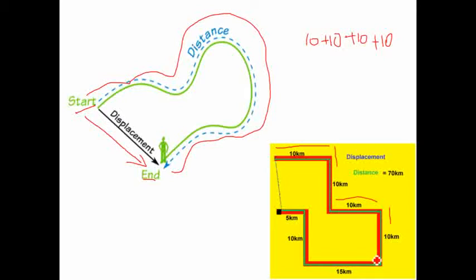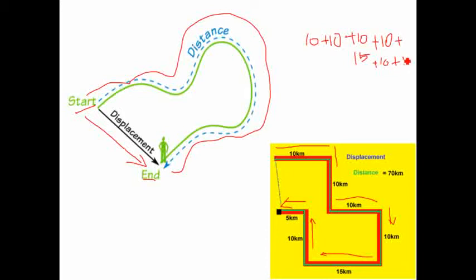From right to left he makes 15 meter. And from bottom to top he is making again 10 meter, and again from right to left 5 meter. So plus 5.